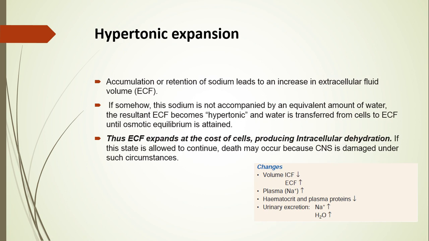Then hypertonic expansion, when there is accumulation or retention of sodium, and in these conditions there is low volume of intracellular fluid, high volume of extracellular fluid, high amount of plasma sodium, and low amount of hematocrit and plasma protein, and in urinary excretion there is high excretion of sodium and high excretion of water.